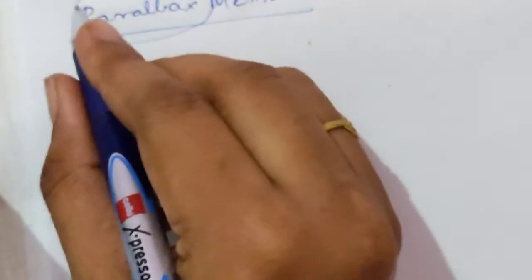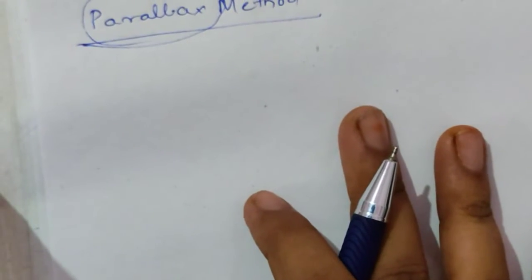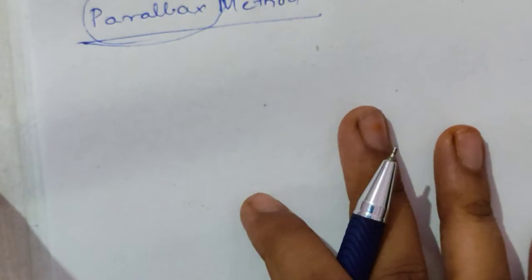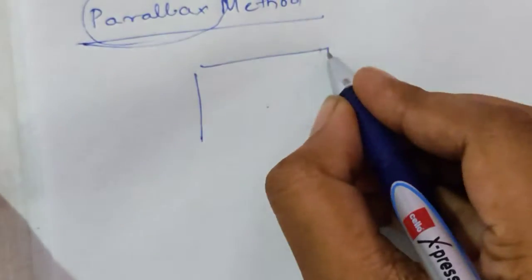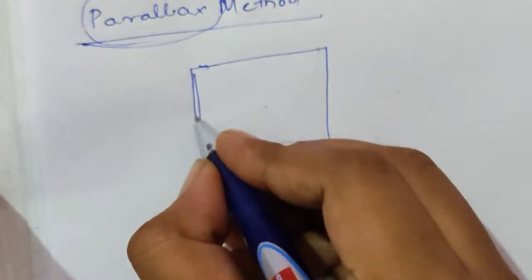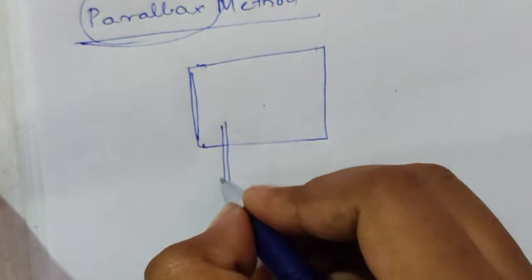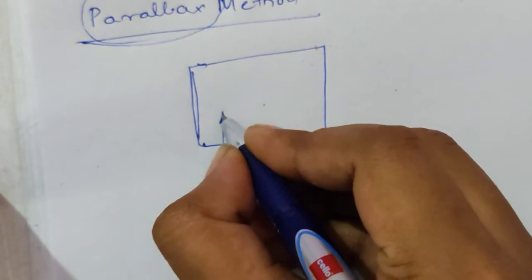That slight shifting in the relative position of the pen or pencil is known as parallax. Getting my point? Now suppose this is the wall on which we are observing the pencil, and this is the pencil we have. This is the nib.